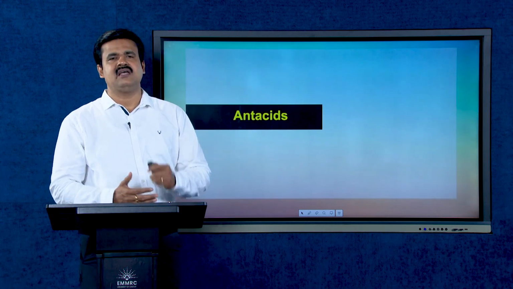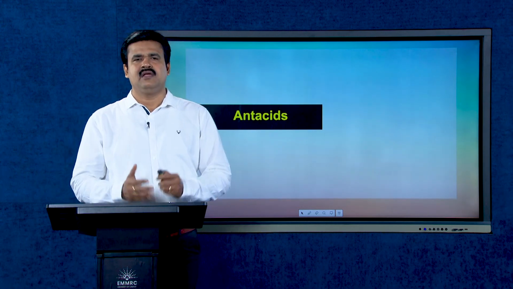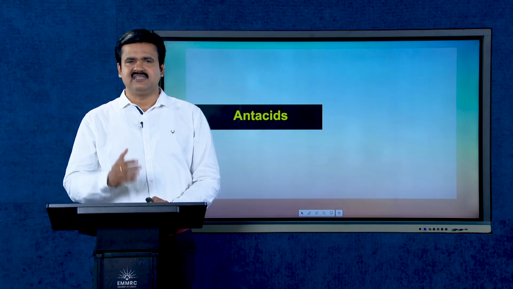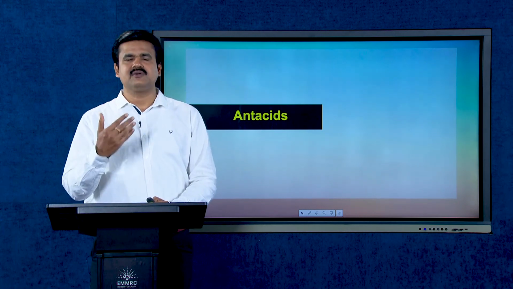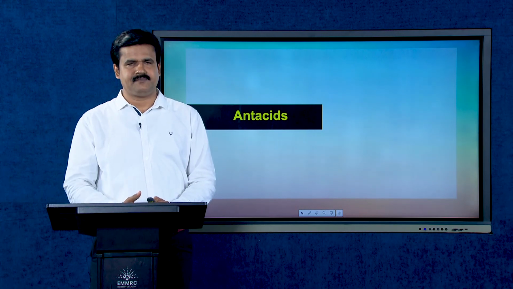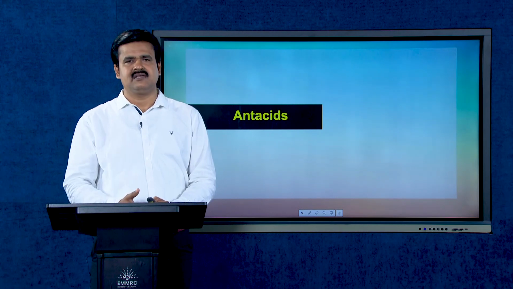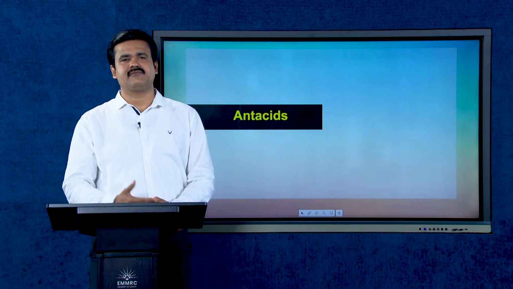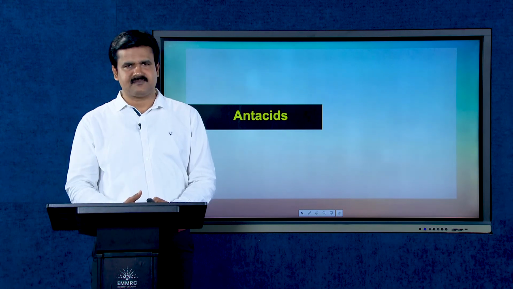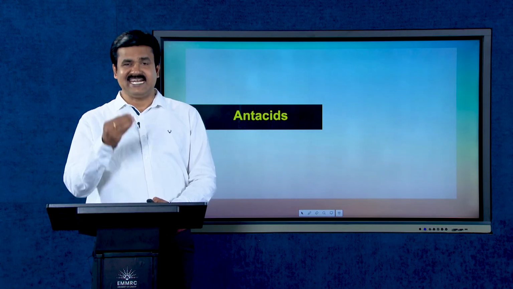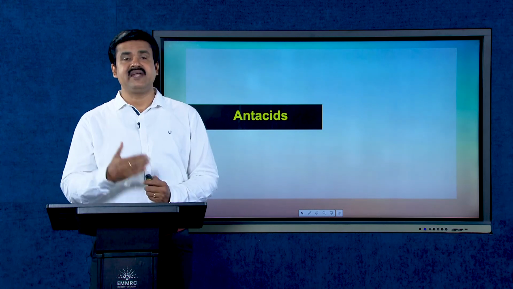First part, antacids. You are familiar with the compounds used to relieve acidity. Antacids are a very common type of medicine used to relieve acidity problems. Now we can have a discussion on common antacids.